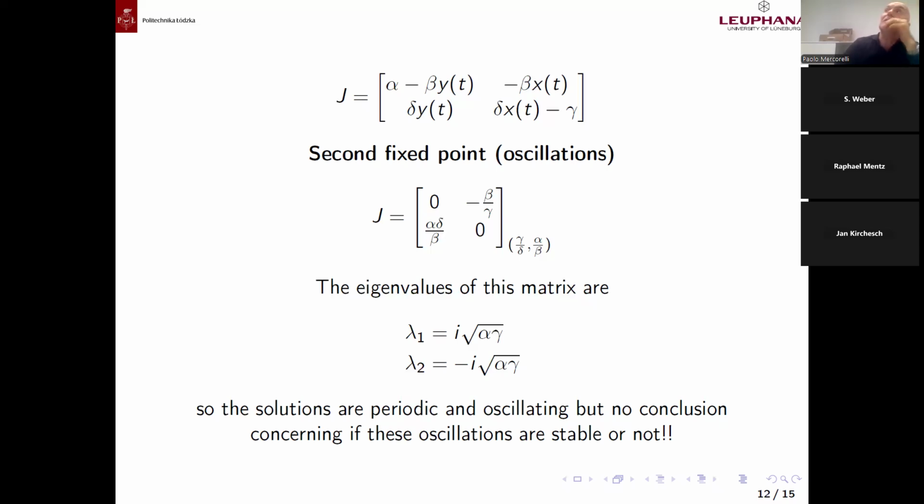But we don't know if, in general, it's stable or not. It could be that if I move a little bit from this point, it goes far away, because in the theorem, this case is not covered. When we have eigenvalue 0, whether one or two times 0, there are no conclusions.